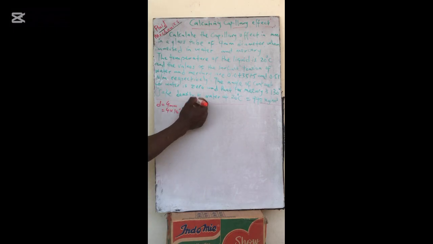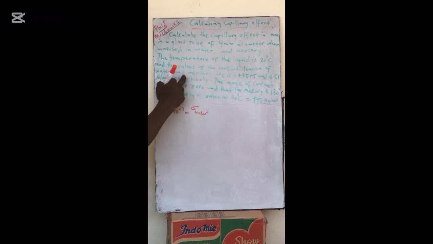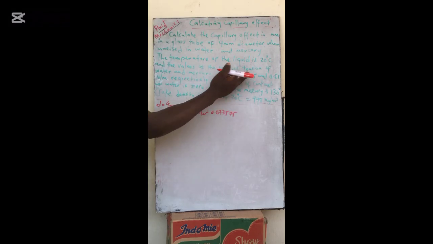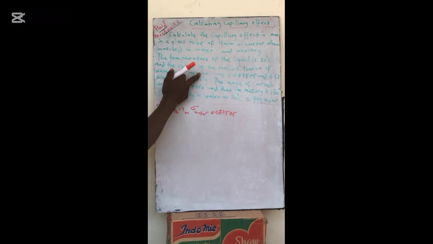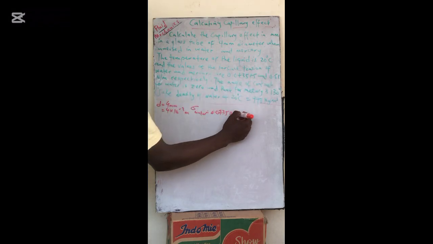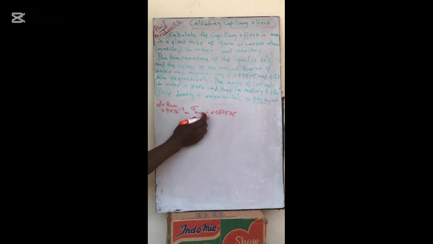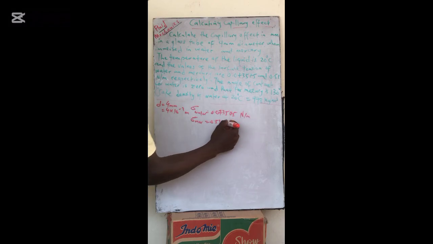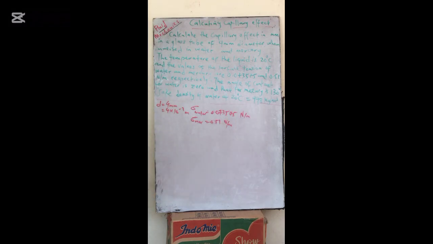So surface tension for water is 0.07575, and they also give us surface tension for mercury, so that is 0.51. They are in Newton per meter. It's force over length. So now whatever they are giving us, let us know the remaining one.